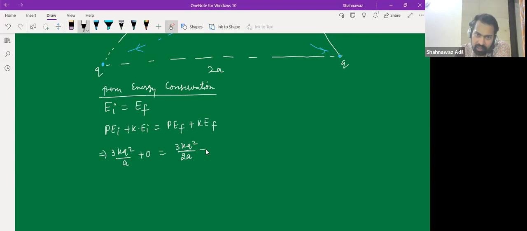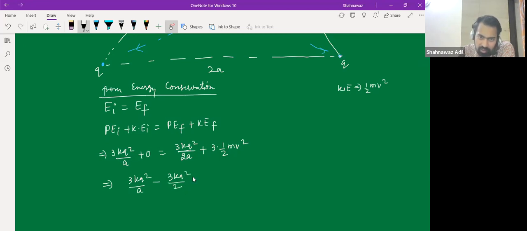For one charge, the kinetic energy would be half mv square, and all three charges are similar, so they will all have the same velocity. For three charges, this would be 3 into half mv square. So this is 3kq square by a minus 3kq square by 2a, equal to 3 by 2 mv square.